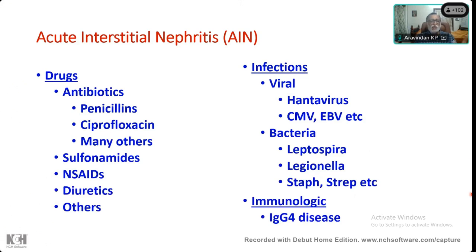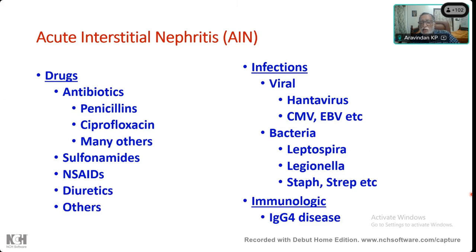These are the causes of acute interstitial nephritis. Drugs are one major cause, including in our time now. This seems to be the most important cause, drug-induced AIN. Then you have various infections which can produce this, but that will be in the setting of an infection usually.